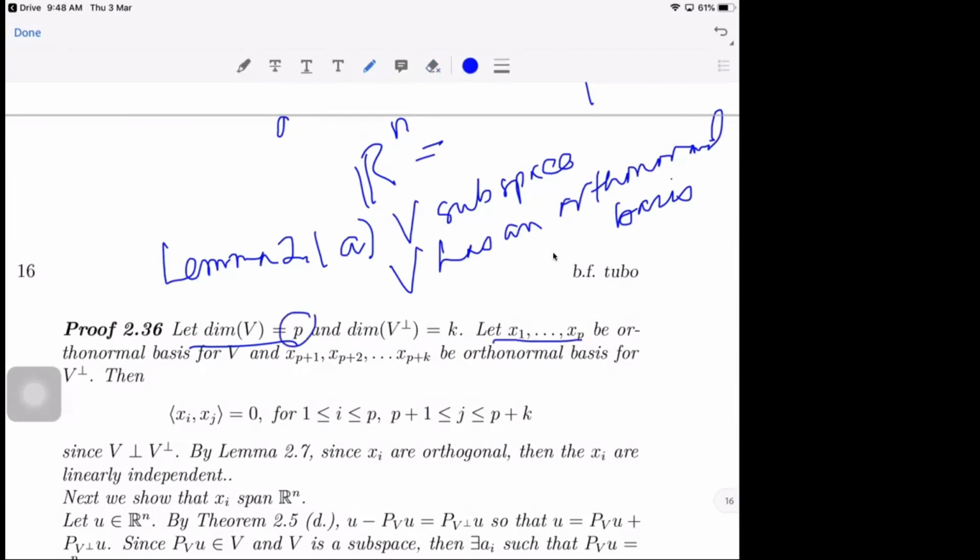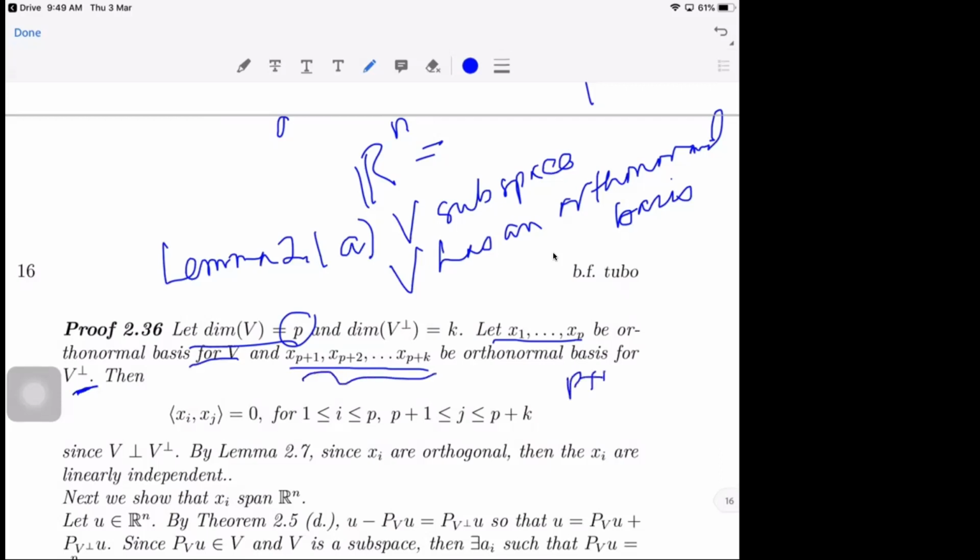We know the dimension, so mao na ang number of vectors. Ang basis man gud will depend on the dimension of your space. So let x1 to xp be an orthonormal basis for V, and you can always expand x p plus 1 to x p plus k to be the orthonormal basis for V perp.